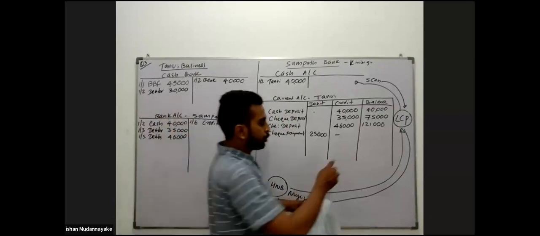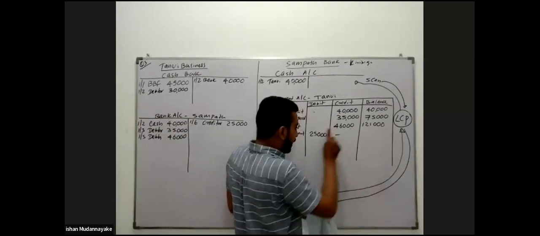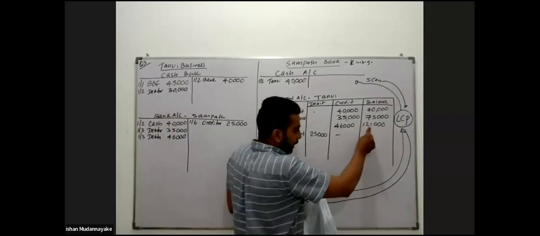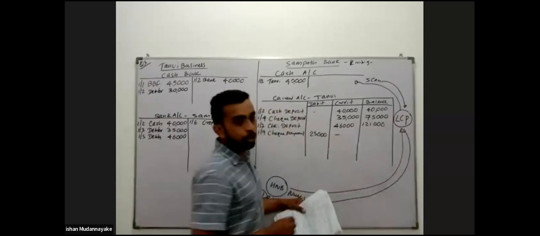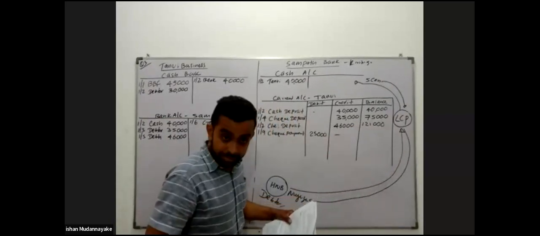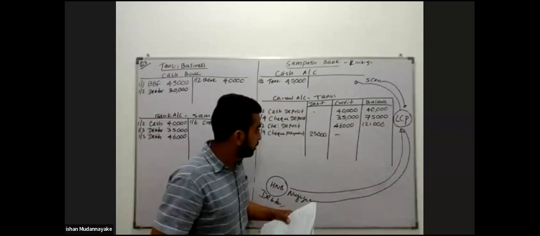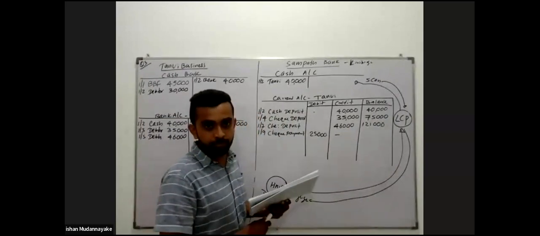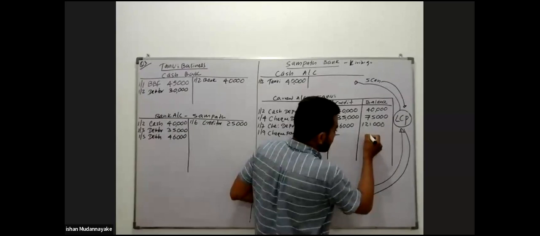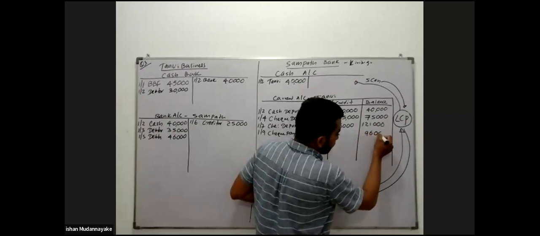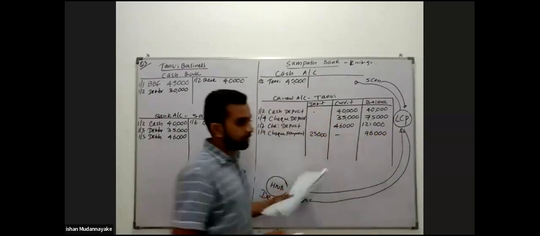I get it. Using this 121,000 balance, they pay 25,000. Then 121,000 minus 25,000, how much? 96,000. Then for insurance here, the balance available is 96,000.